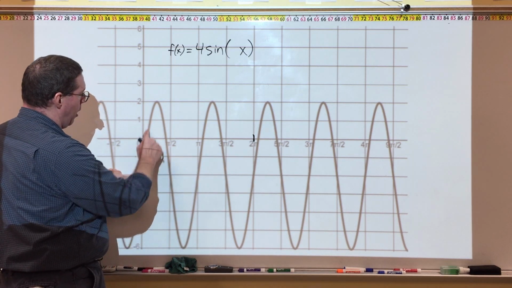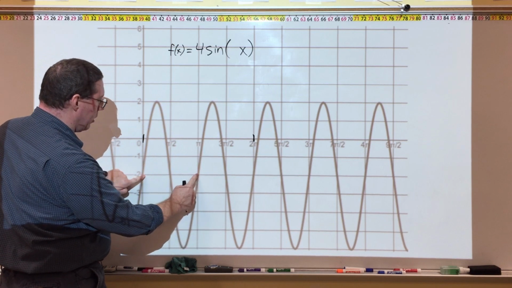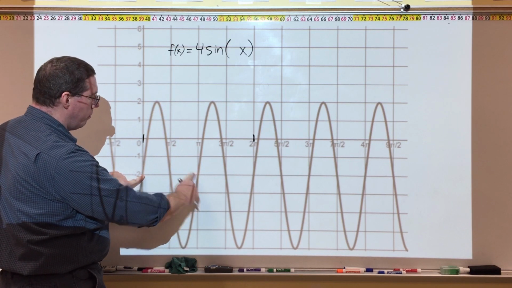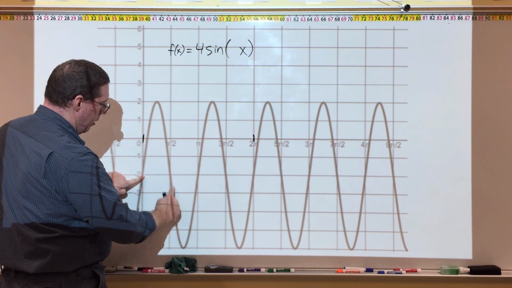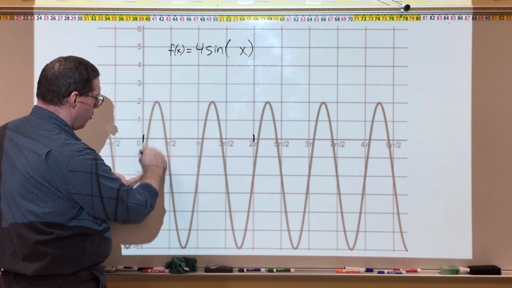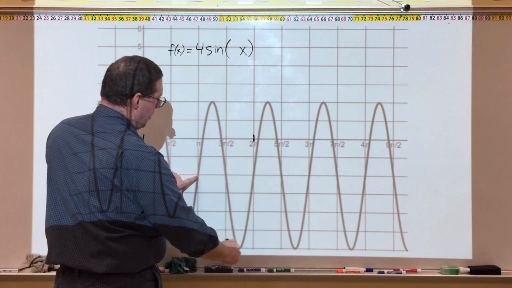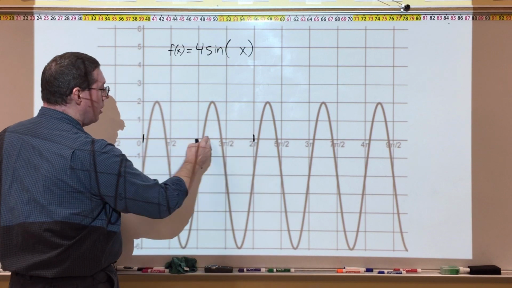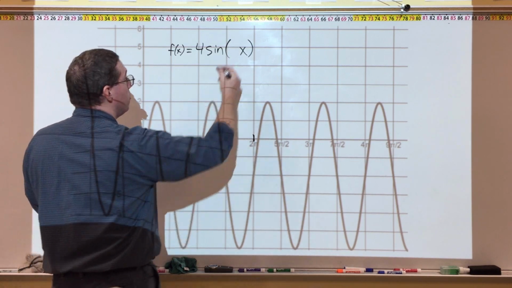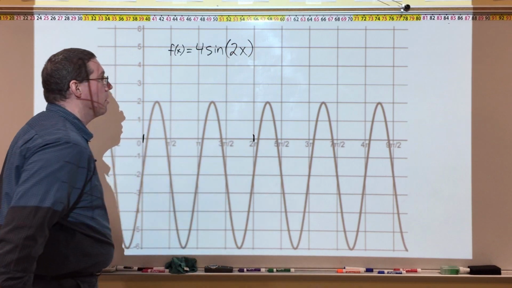Starting here, we go up, down, up. That is one complete sine wave: one up and one down and then back to the middle. So that's 1. Up, down, that's 2. So there are 2 complete sine waves between 0 and 2 pi, and the frequency here is 2.